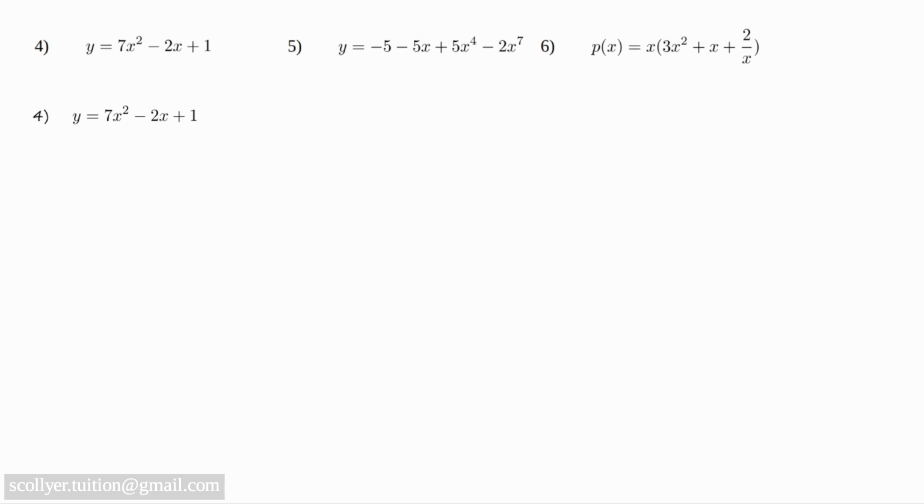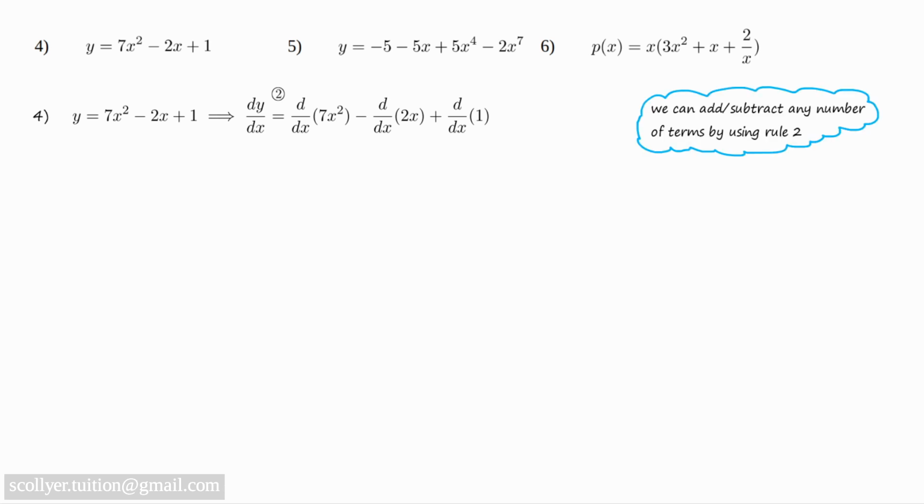Problem 4. If y equals 7x squared minus 2x plus 1, then dy by dx equals d by dx of 7x squared minus d by dx of 2x plus d by dx of 1. And that follows by rule 2. And in fact, by rule 2, we can add and subtract any number of terms when we are differentiating.